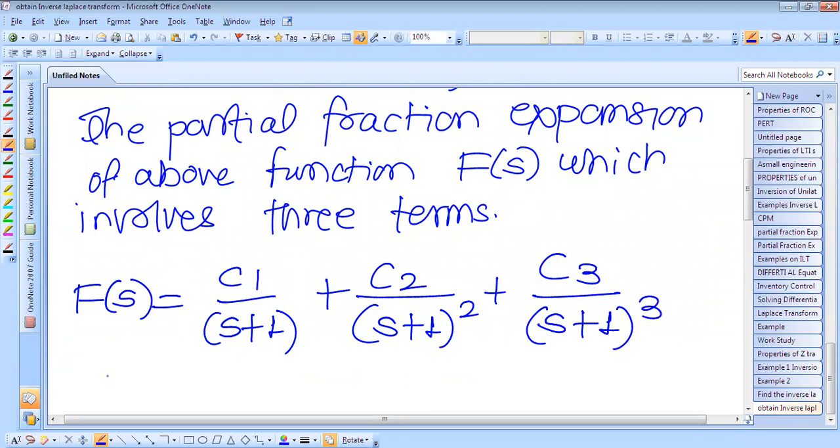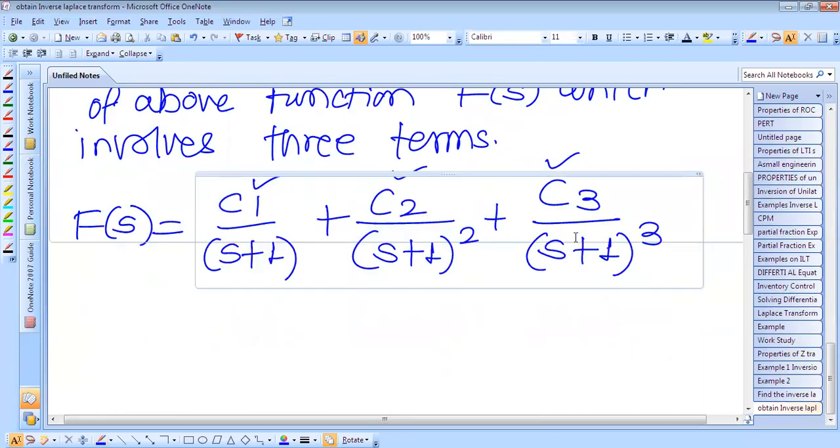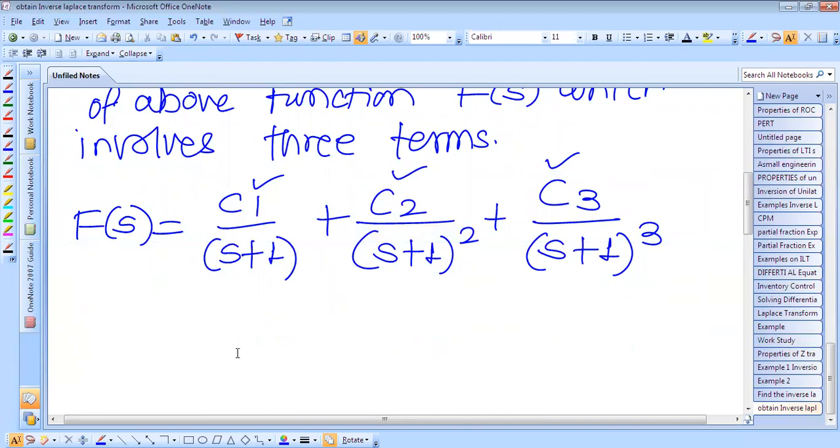So here we have to determine these values of c1, c2, c3, and this can be determined in the following way. Multiply both sides of this equation by s plus 1 cube.